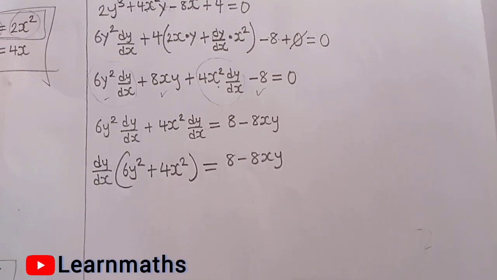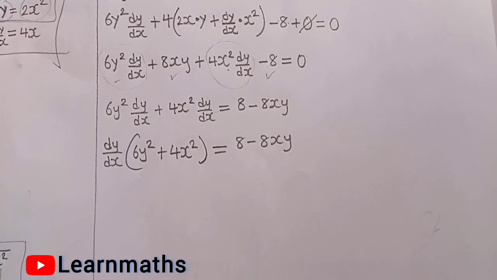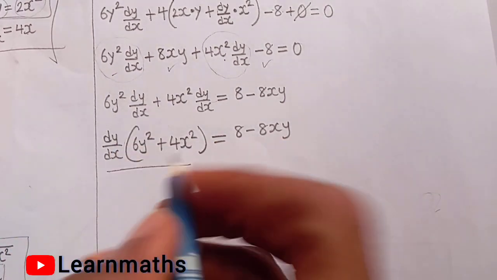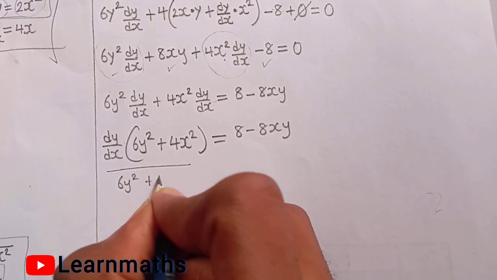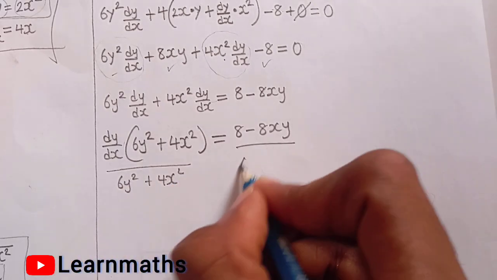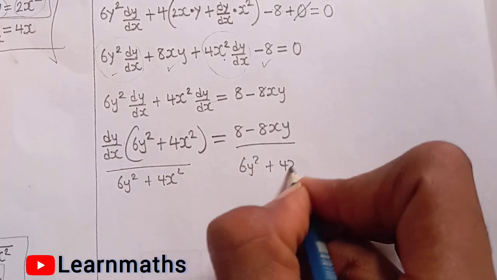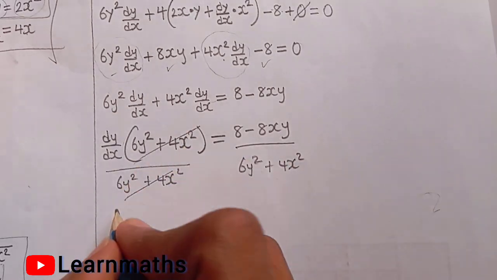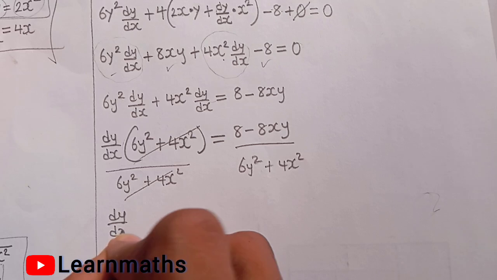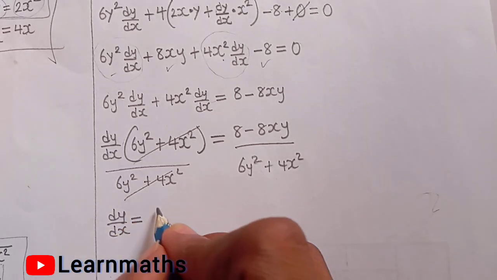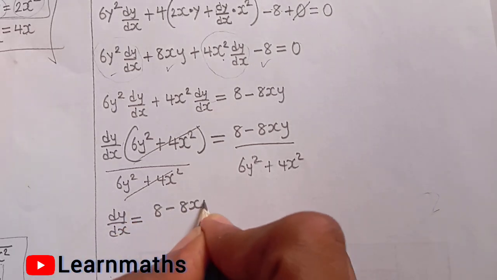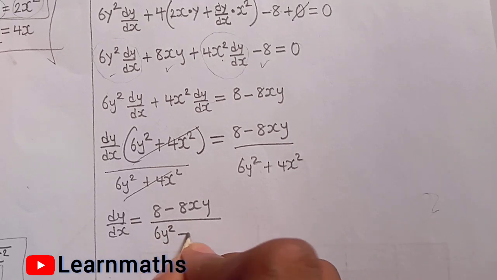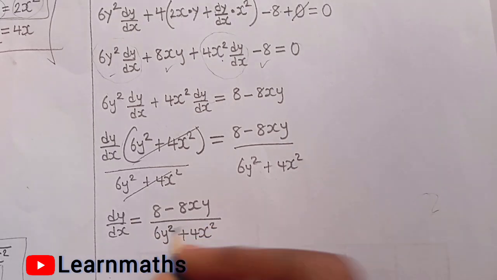Finally, that's the final step, we divide both sides by 6y squared plus 4x squared. This cancels this, so dy/dx is finally equal to 8 minus 8xy over 6y squared plus 4x squared.